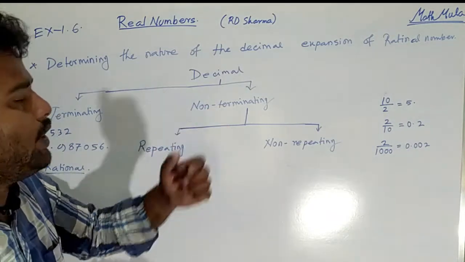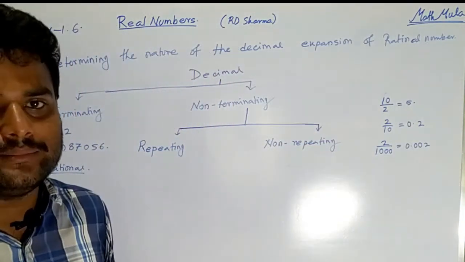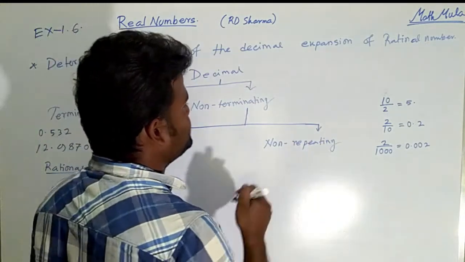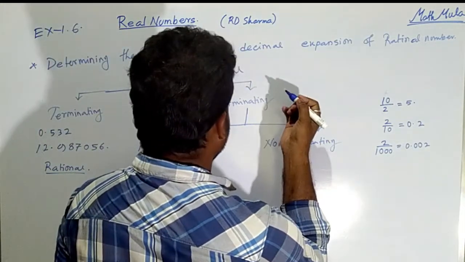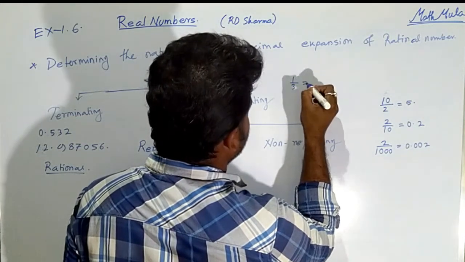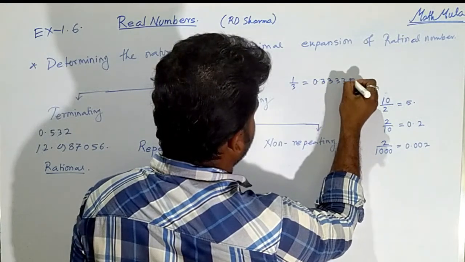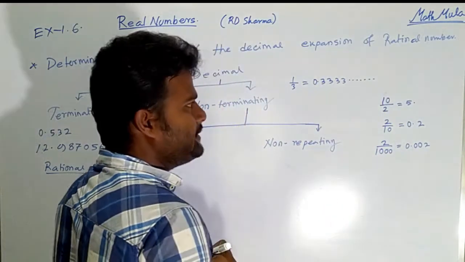Now for non-terminating decimal expansion, if the decimal places of a number go to infinity, then this decimal expansion is called non-terminating. Like 1 by 3 is equal to 0.3333 up to infinity.